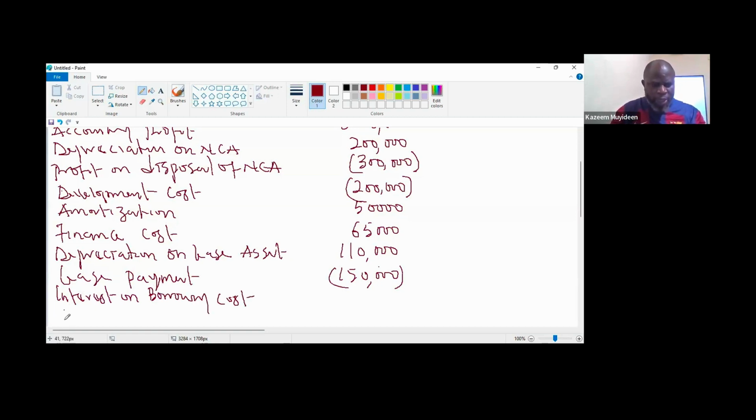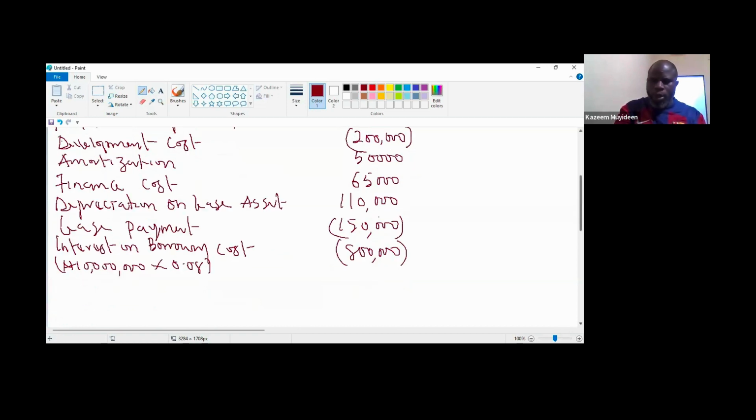We obtained 10 million naira at the interest rate of 0.08. That will give us 800,000. We deduct it. Don't capitalize. You deduct it from your profit.